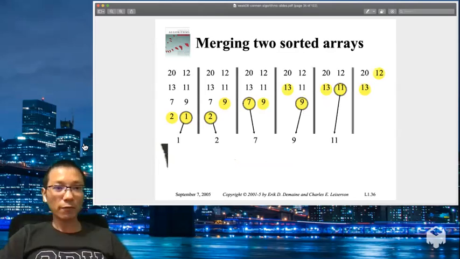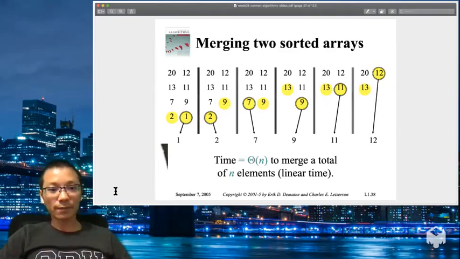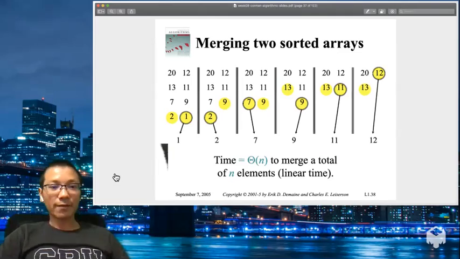And then assuming an average case, we have some number of elements in both halves, and then we're gonna do the merging process, okay? So the merging process, as we can easily see, for every number we basically do one comparison. So for number 1, we have done one comparison.